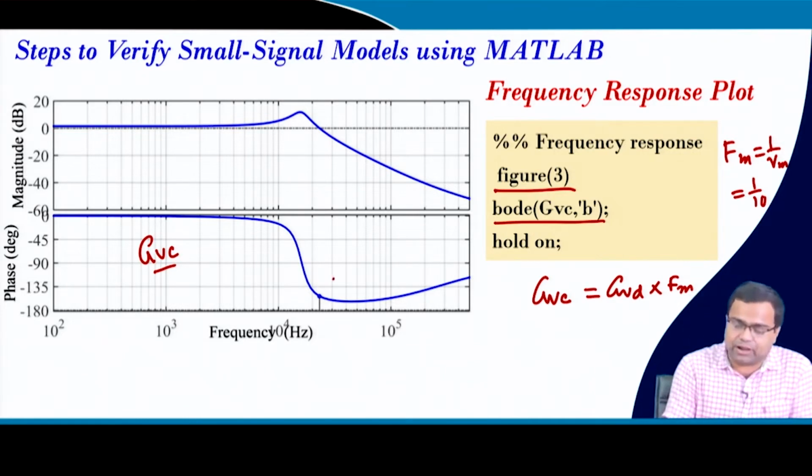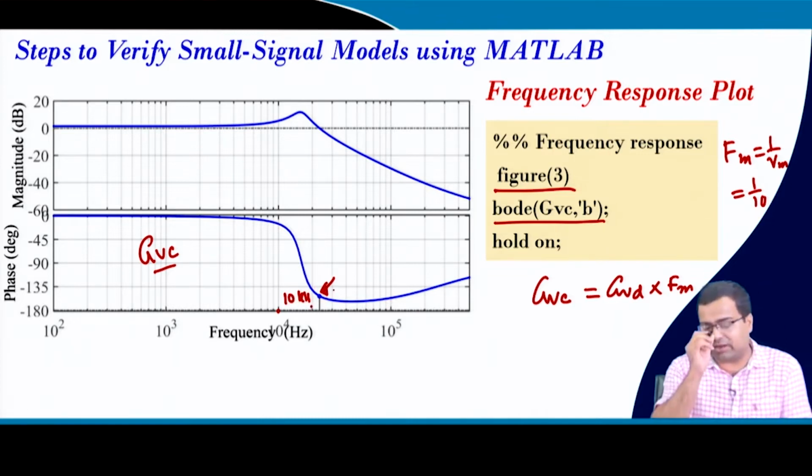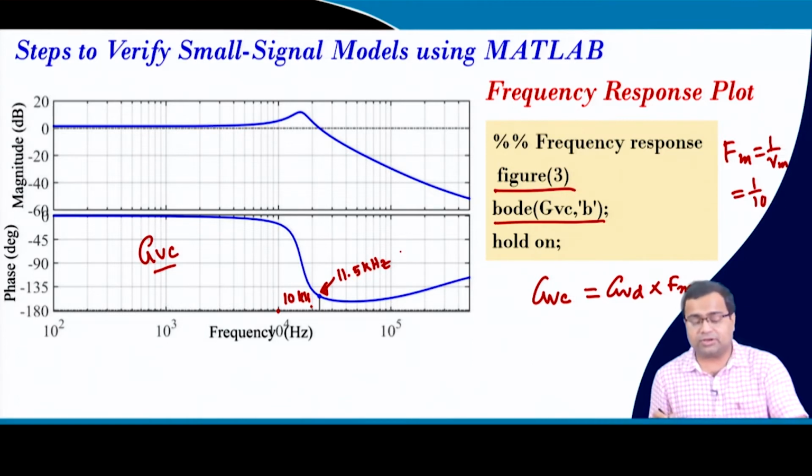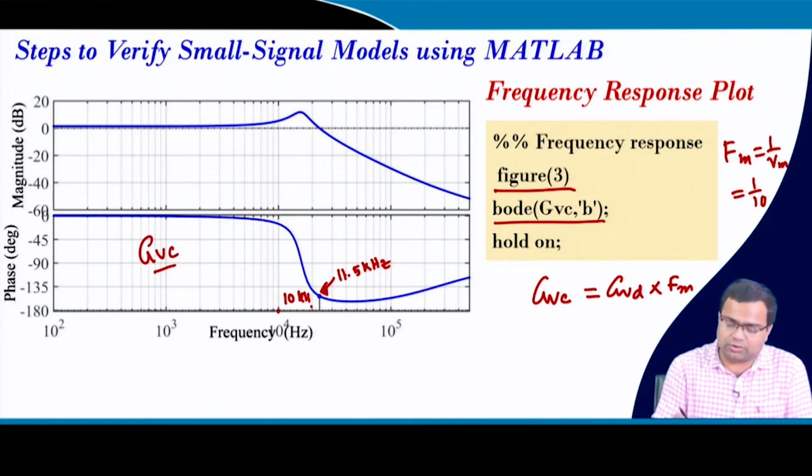And this point, if you see, what is this point? This is our 10 kilohertz, and here it will be roughly 11.5 kilohertz. Okay, sorry, it is not so, it will be 20.